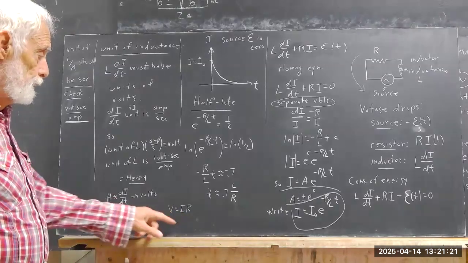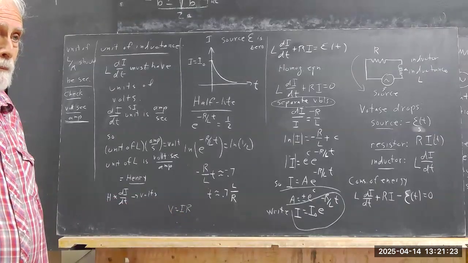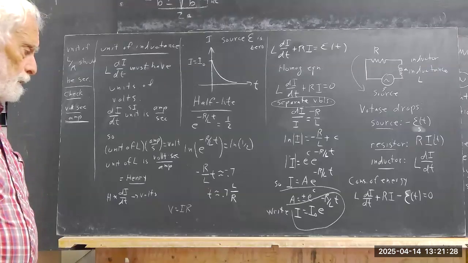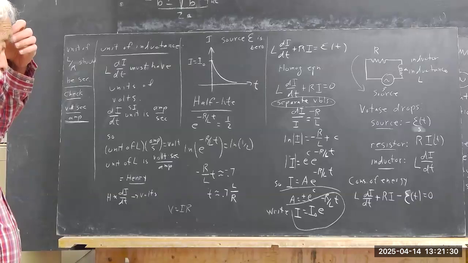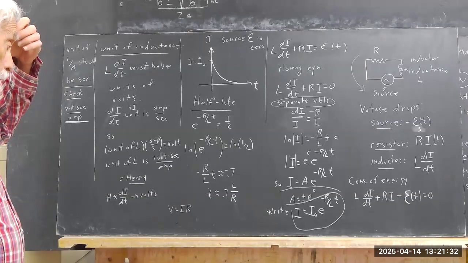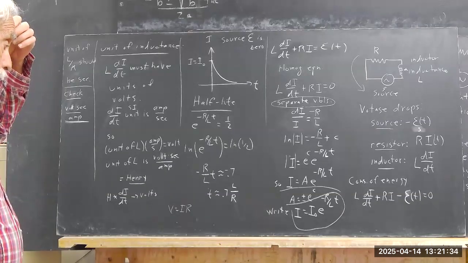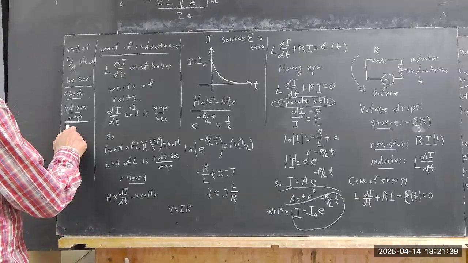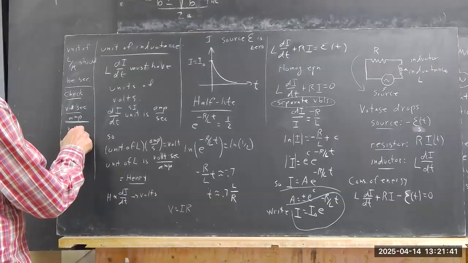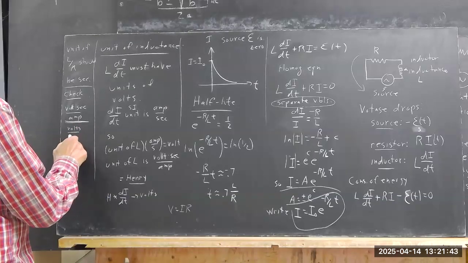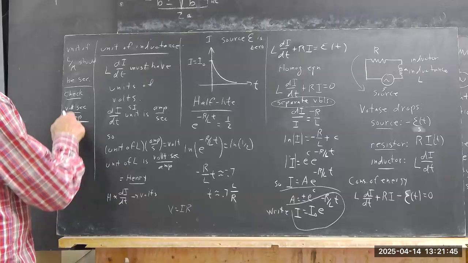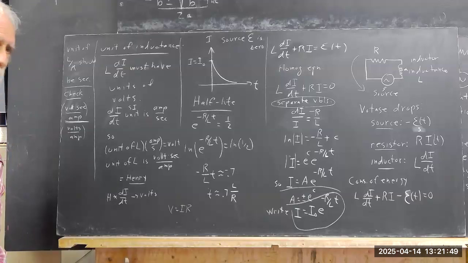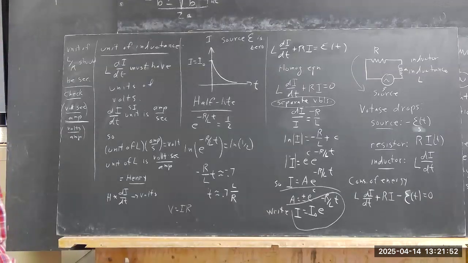Just to avoid confusion, resistance is voltage over current. Okay. So that this will be second per amp over volt per amp. Well, that works out rather nicely, doesn't it?